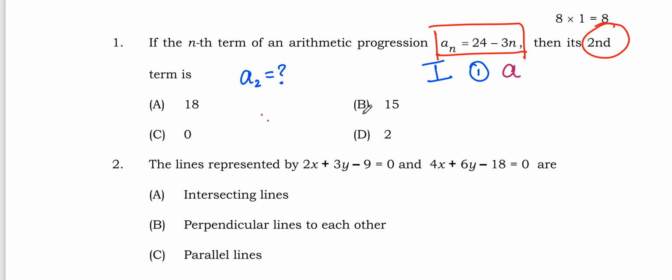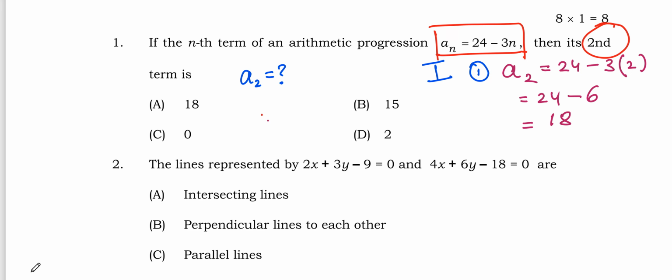We can write A2, in place of n substitute 2, is equal to 24 minus 3 times 2, that is 24 minus 6. 24 minus 6 is 18.